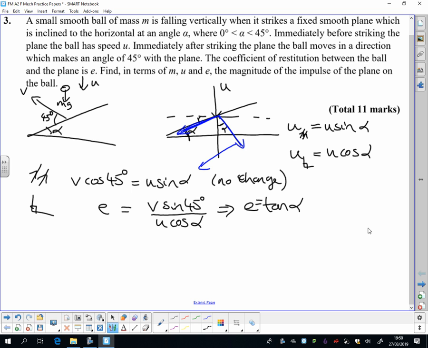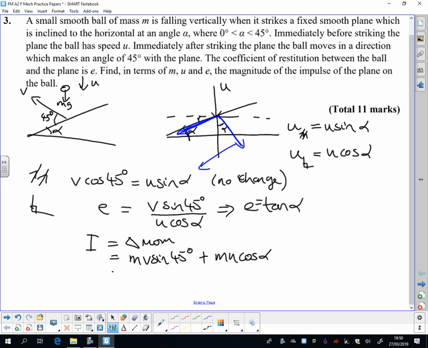Right. Also perpendicular to the plane, we can use my impulse is my change in momentum. Okay, so that's going to be mv sine 45 degrees. So we're looking perpendicular to the plane, plus mu cos alpha, because there's a change in direction involved, so we go one direction and then we're bouncing back.